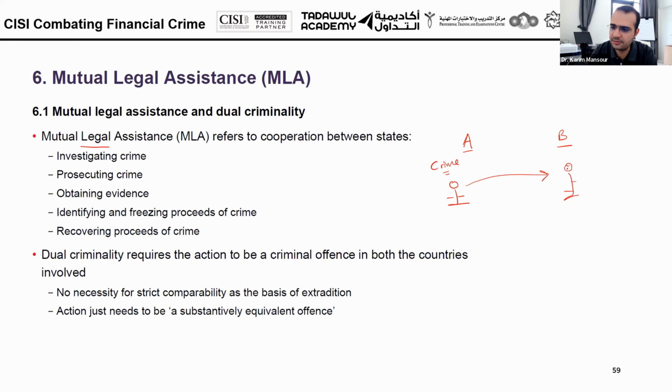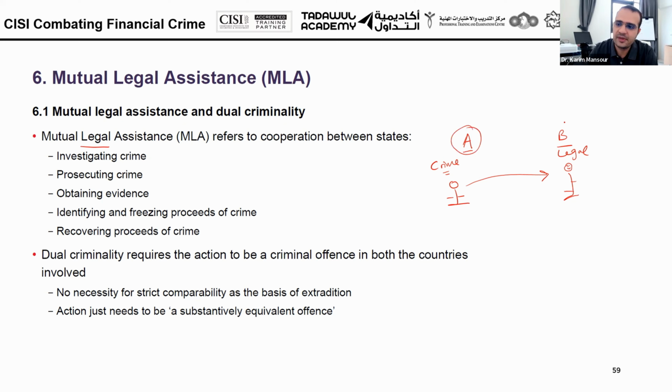Just give him a smiley face. Why is he smiling? It's because what he did is considered to be perfectly legal in country B. So country A will ask country B to send him back, but country B would say, well, what he did is fine in our country. He didn't commit any crimes.